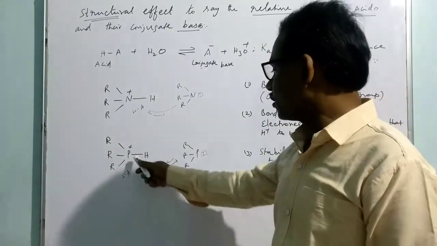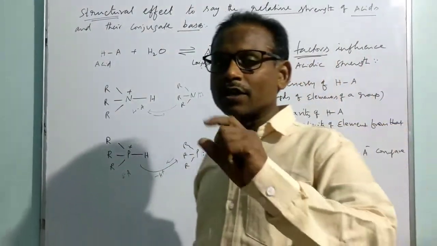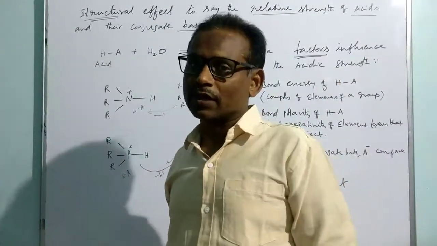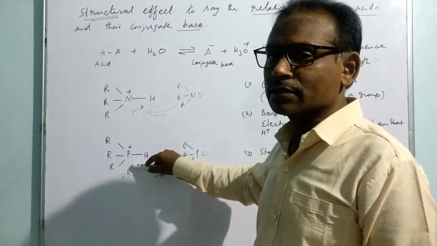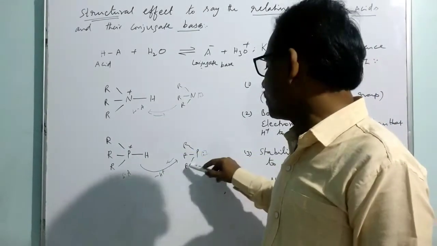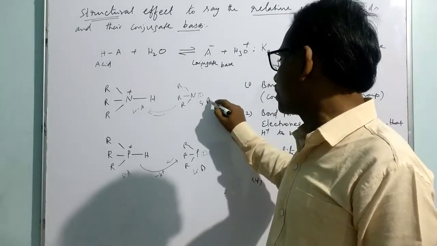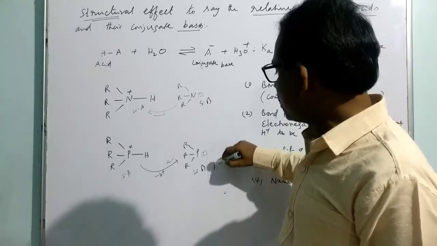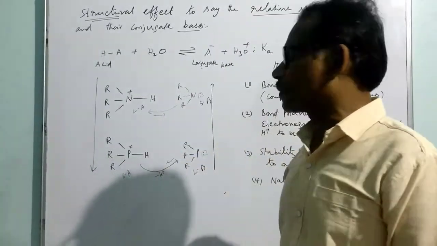So in this way, we can understand that the bond energies are helpful to decide relatively which is a stronger acid and a weaker acid. Once you are able to say among these two, this is a stronger acid, definitely its respective conjugate base is a weaker base. So it is a weaker base and it is a stronger base. So the basic strength increases in this direction, the acidic strength increases in this direction.